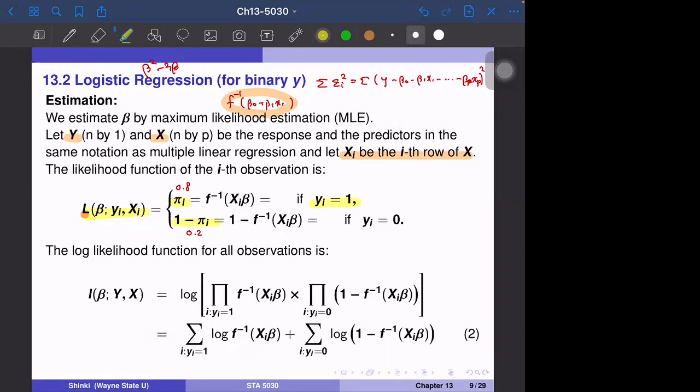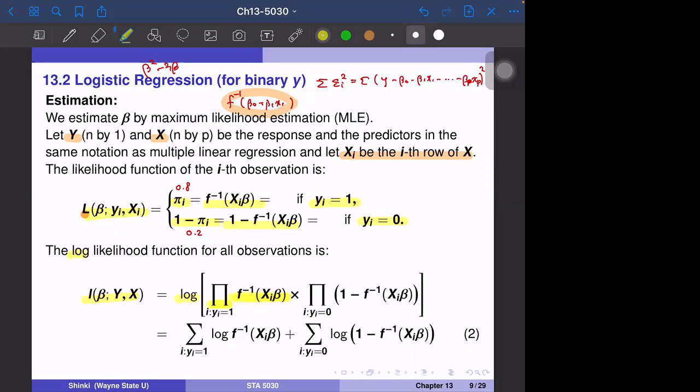This is the likelihood function. Using f inverse, pi i is f inverse of xi beta, and 1 minus pi i is 1 minus f inverse of xi beta. Then the log likelihood function for all observations combined is the log of the product over all i with yi equal to 1 of f inverse of xi beta, times, for i with yi equal to 0, the quantity 1 minus f inverse of xi beta.